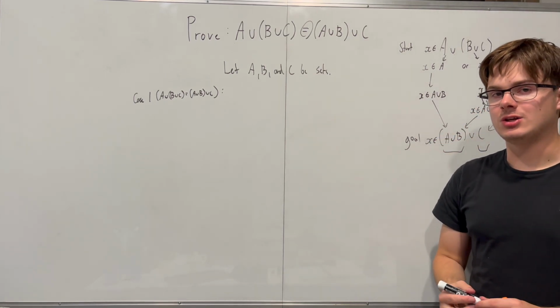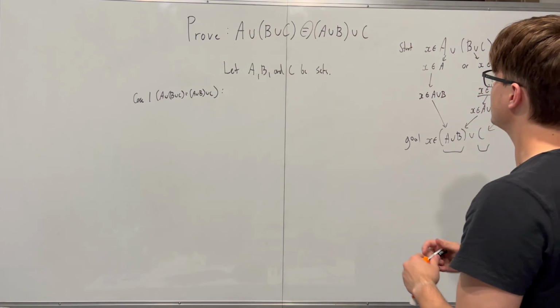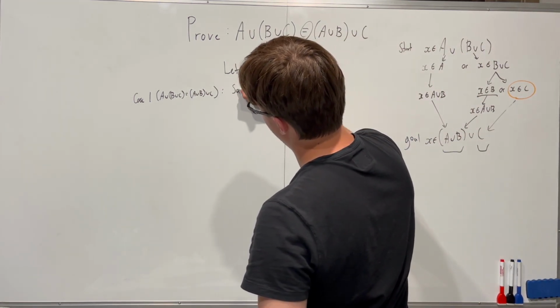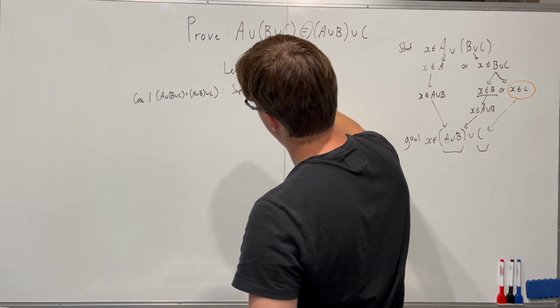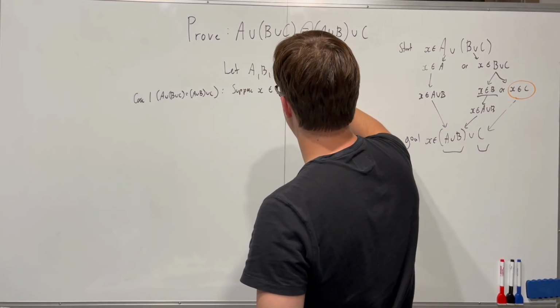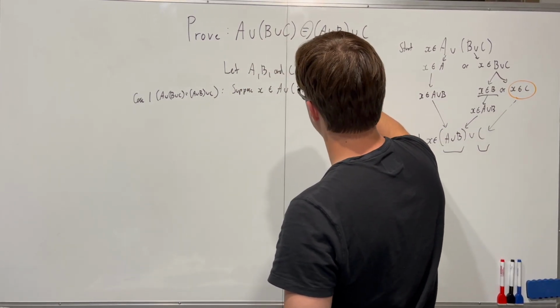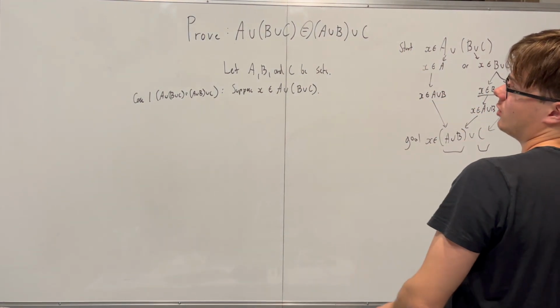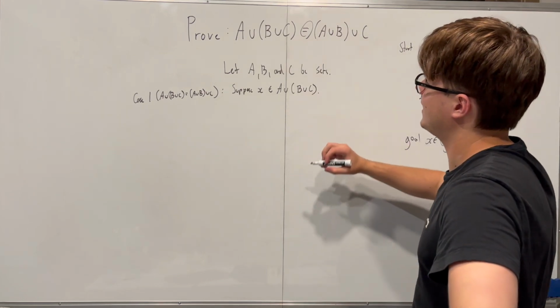Let's write this down into a mathematical sentence. First, we're going to start with supposing our representative element. We're going to say, suppose X is an element of A union B union C. Fantastic. Then we want to do what we did next. Here we're going to break down what it means for X to be an element of this set.